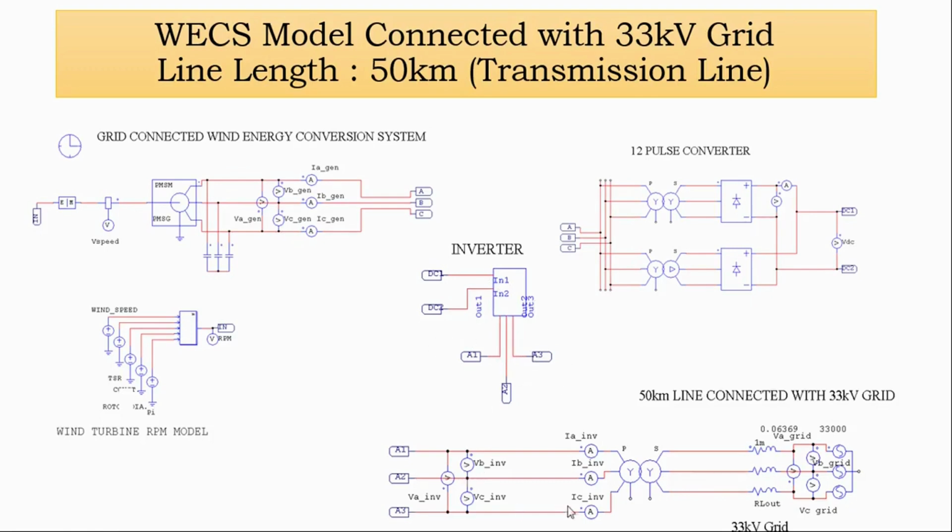Then this inverter is connected with the point of common coupling, and we have considered a 50 kilometer transmission line with a 33 kV grid, comparatively low voltage compared to others. Usually in today's world this 33 kV is obsolete, so either we go for a direct 66 kV step up transformer at the secondary side, or we accommodate one more transformer, because as far as a wind farm is concerned, the individual transformers are connected and then the main substation is far away from the installation point of the wind turbine system.